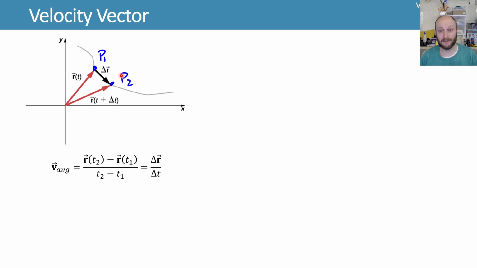So displacement over time, that's our average velocity, and here that's displacement delta r over delta t.